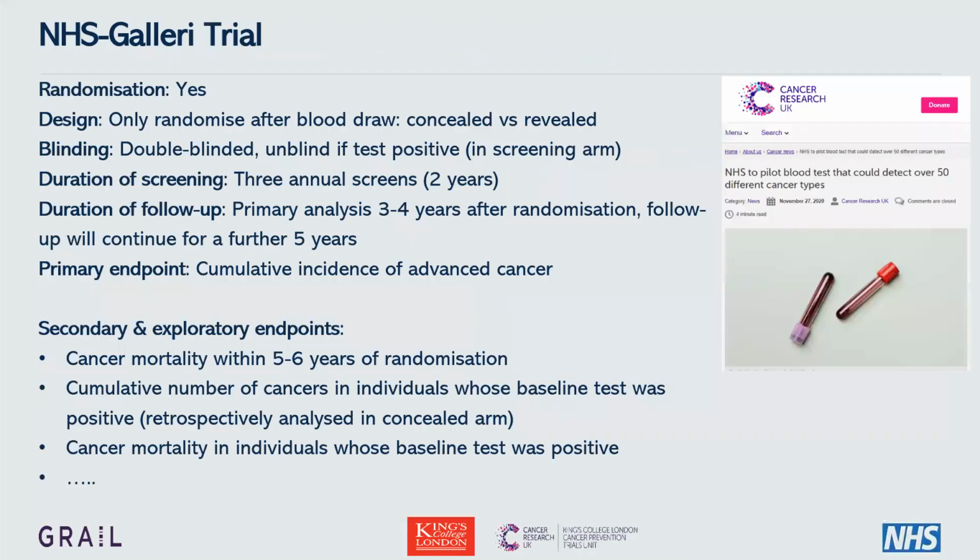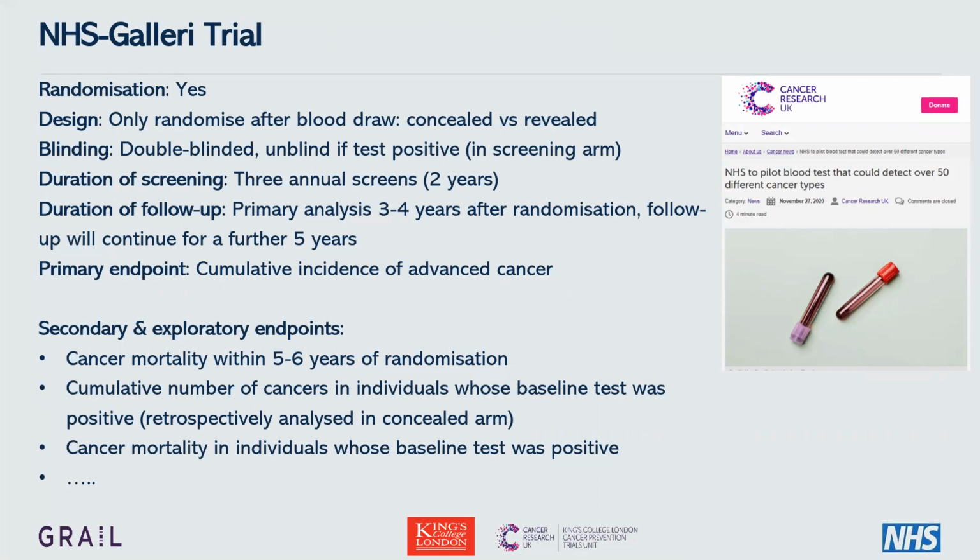And so I can tell you a little bit about the NHS Scholarly Trial, which we hope to start in a few months. It is a big trial in partnership between Grail and NHS England, and it's being run through my clinical trials unit, the Cancer Prevention Trials Unit at King's College London. It's randomized.